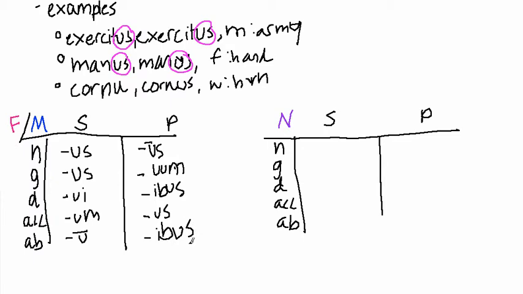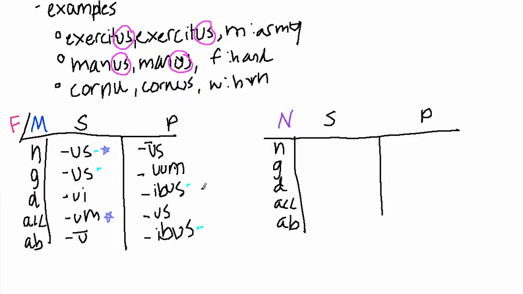And as you can see, there are not only many similarities within the declension itself, as in us, and ibus, and ibus, but there's also quite a few similarities to other declensions. Like the us can also be the second declension masculine nominative singular ending as well. And the um is often accusative for the masculine.